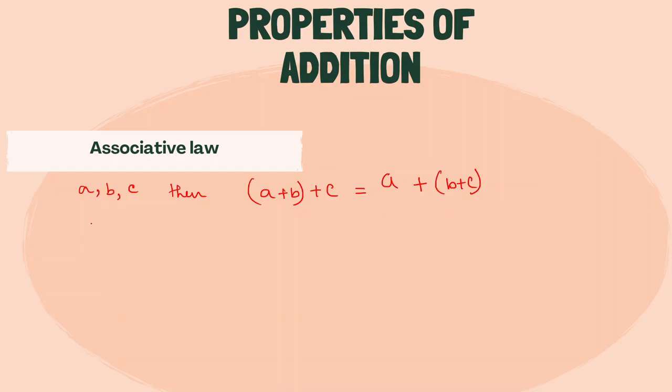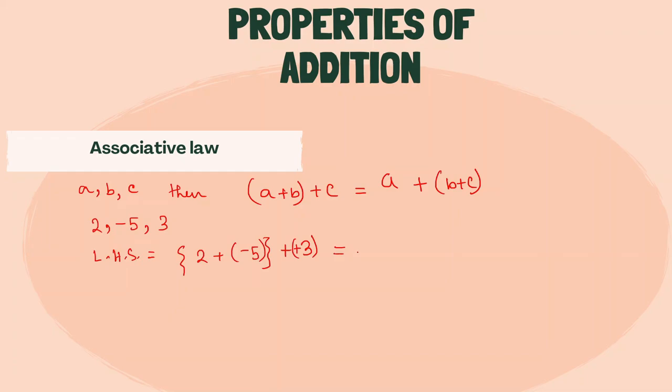So for example, we are taking three integers like 2, minus 5 and 3. So for the left hand side, what will we write? We will write (2 plus minus 5) bracket close plus 3.